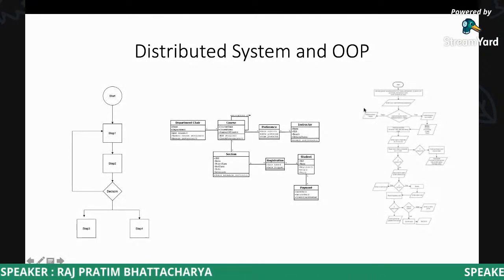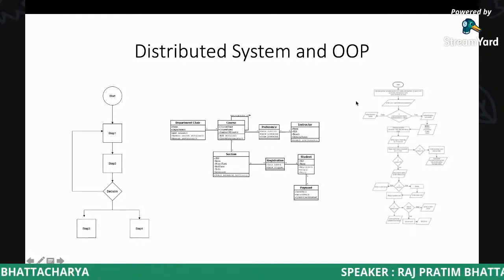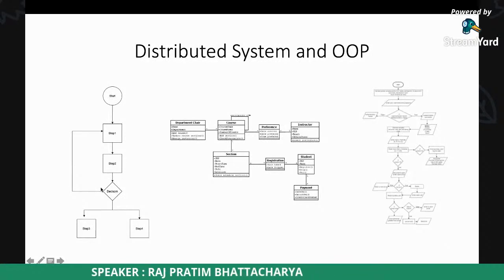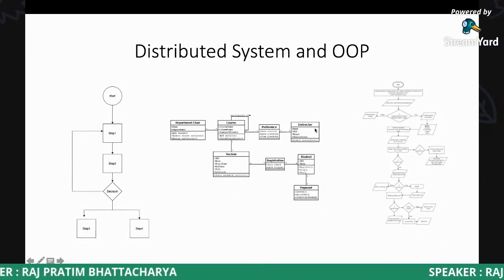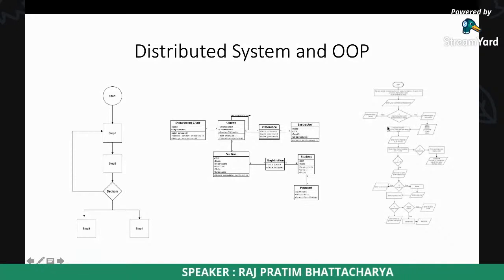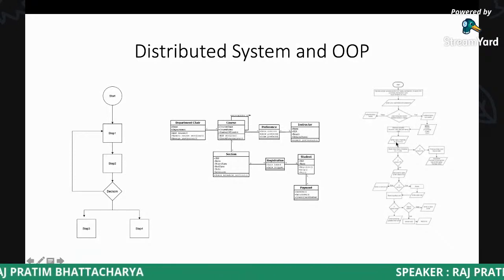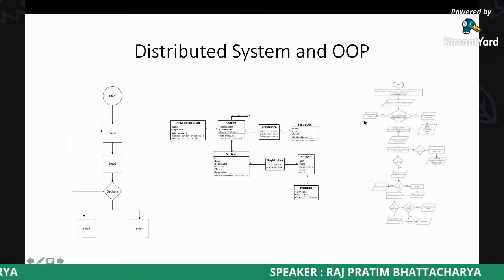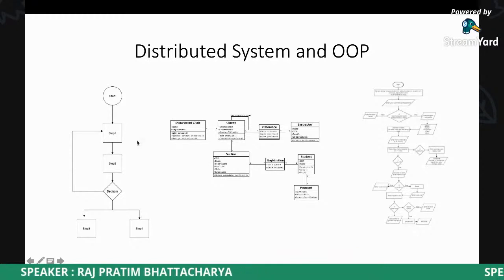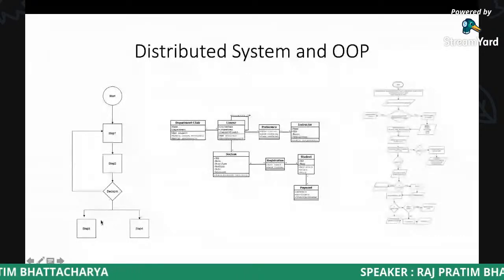In that case it would be very difficult to convert that procedural code into a distributed system graph, because you would first have to identify the different functions, and then divide and write those functions into individual steps.